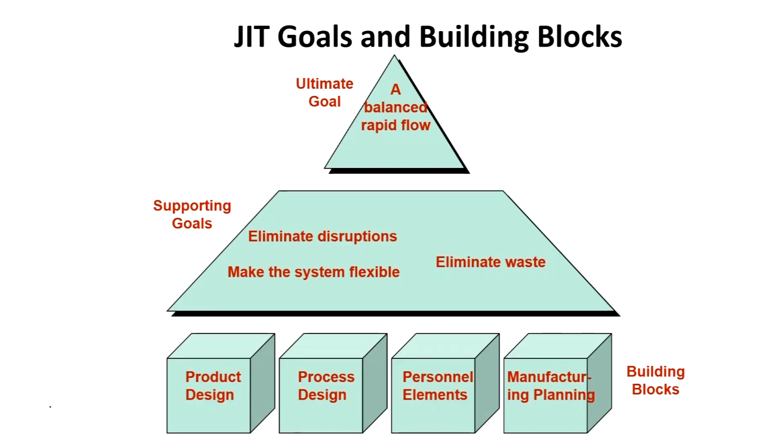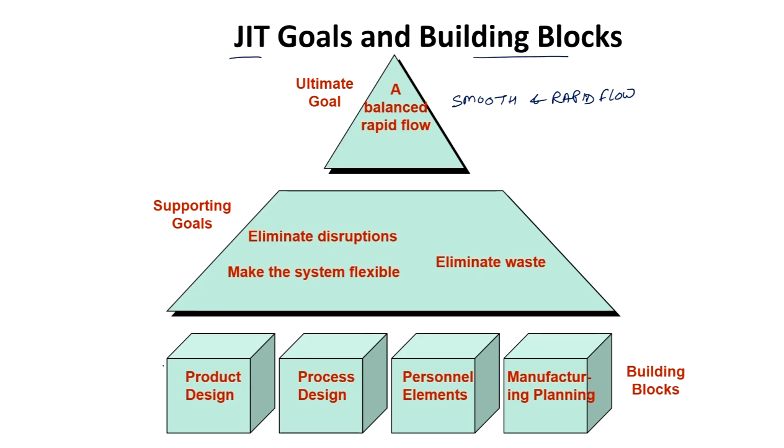Now, moving forward, we will see what are the various building blocks for achieving the goals of JIT. The goal of JIT is, as I said, a smooth and rapid flow of material from entry of the raw material to exit of the finished goods. So, what is required for that? Let us focus on the building blocks.